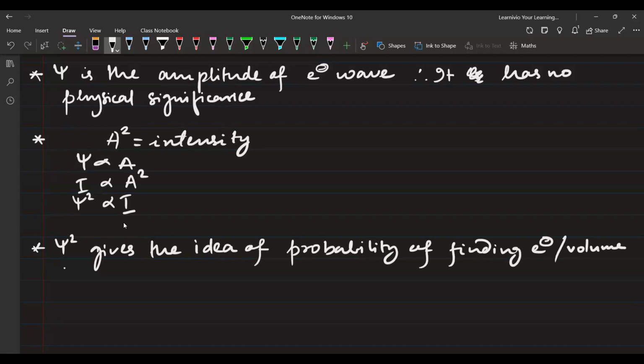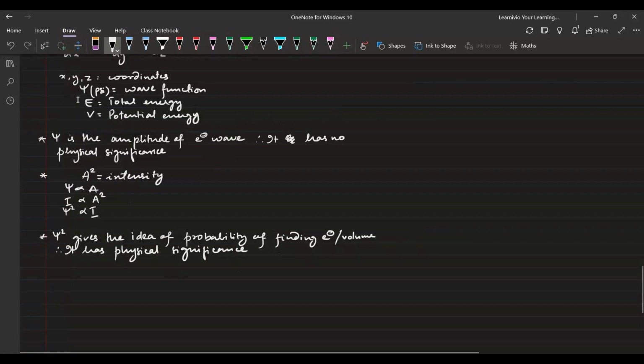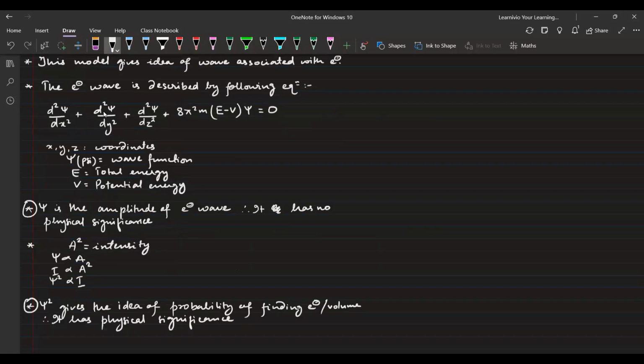Therefore, it has physical significance. इस टॉपिक में there is only two things that you need to remember. एक तो ये चीज that psi does not have any physical significance and psi square has physical significance. It gives the probability of finding electron per unit volume.